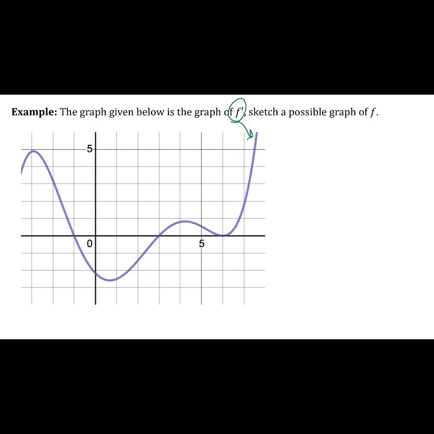Any place where our derivative is above the x-axis, so any place that we have red there, our original function is increasing. We can say that's because f prime of x is positive, meaning we're getting positive y values.